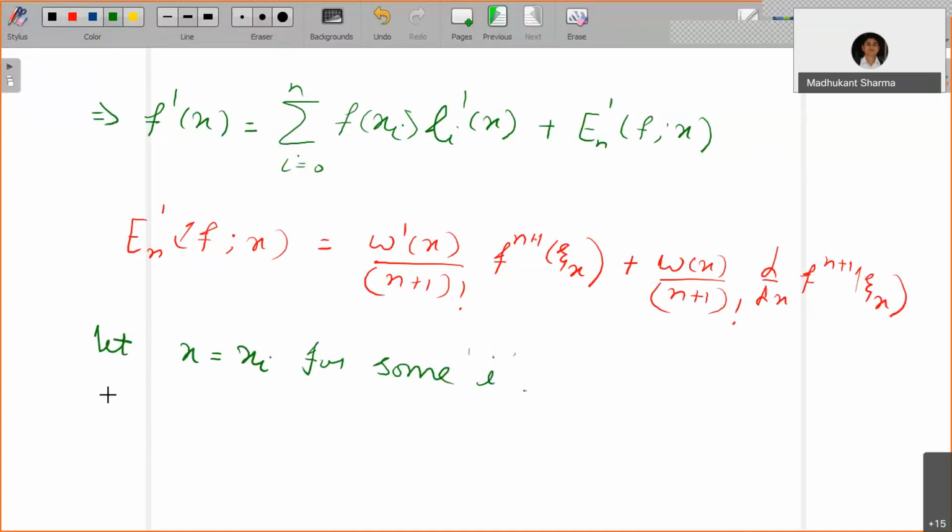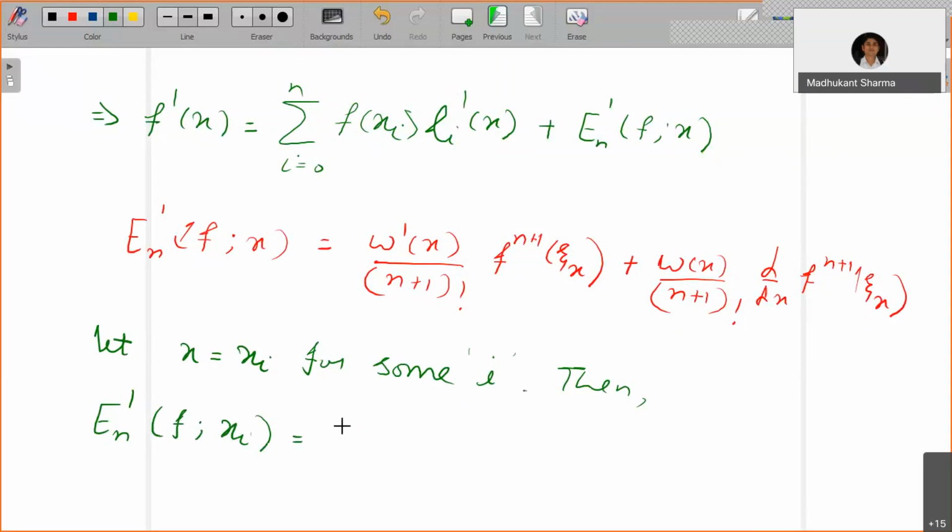Then what will happen? You can check the derivative of the error term at x equals xi. The second term vanishes because w of xi is 0. So no matter what the derivative is, only this term will survive.